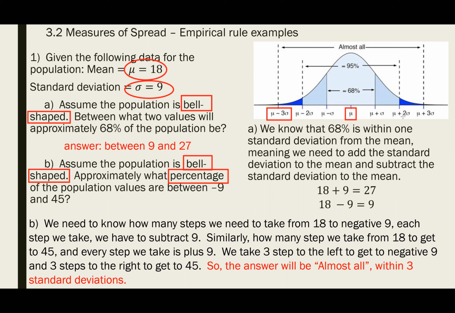And if you plug it in here, they have to be symmetric. If you take 3 steps to the left, you have to take 3 steps to the right. If we take 3 steps to the left, 3 steps to the right, the answer will be almost all of my data.